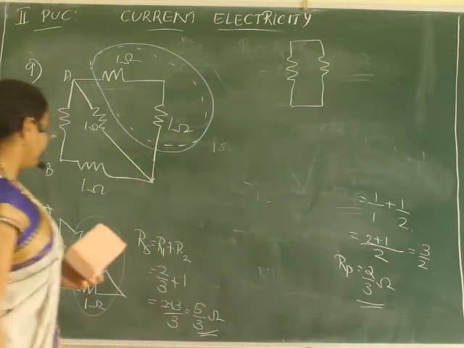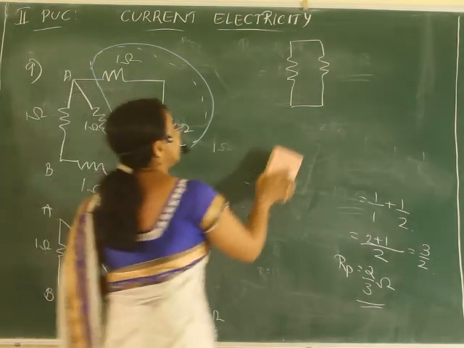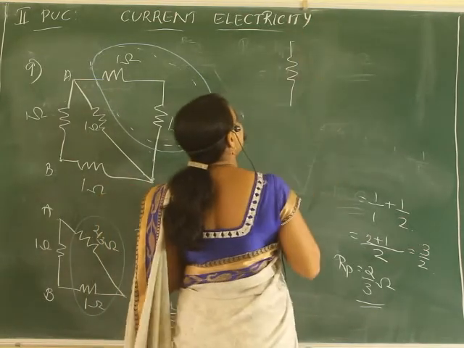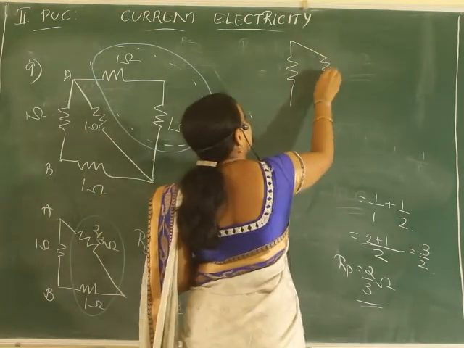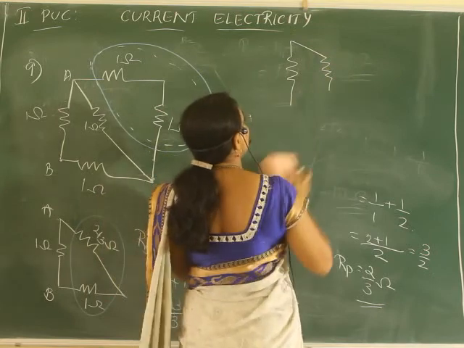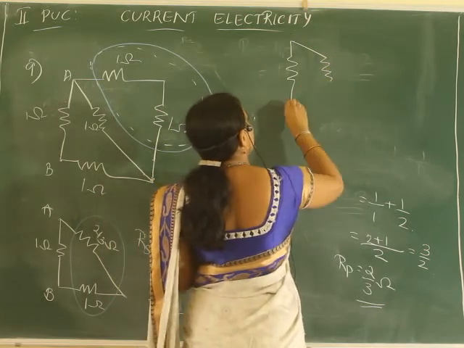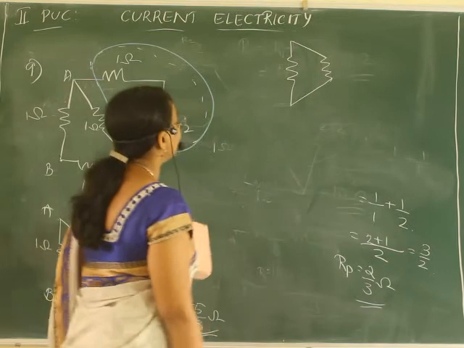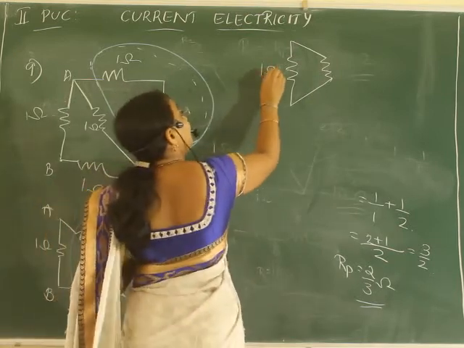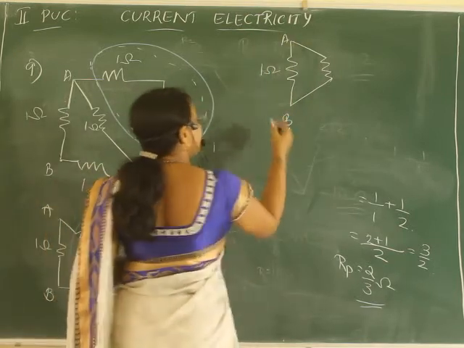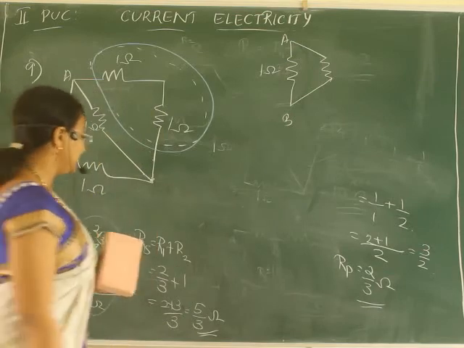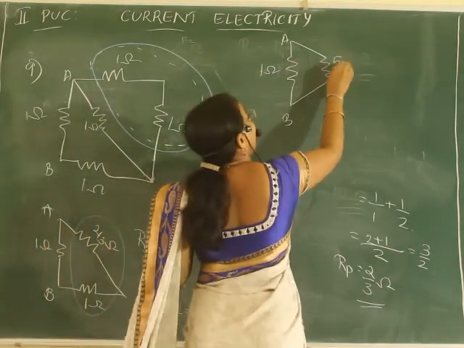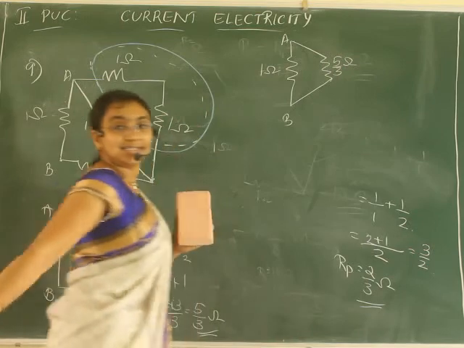Correct? Or else, for your easy reference, I'll draw it again. Fine. This is 1 ohm, A, B. How much is this one? 5 by 3 ohm. Correct?